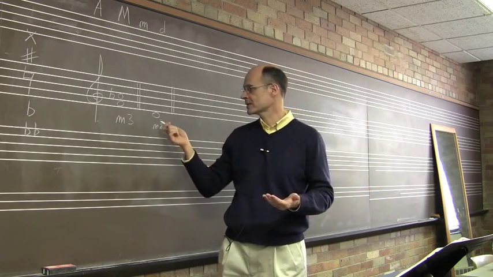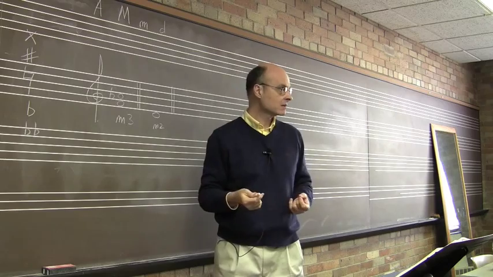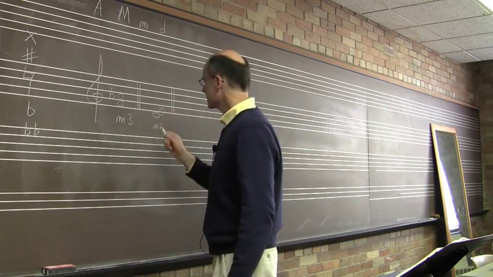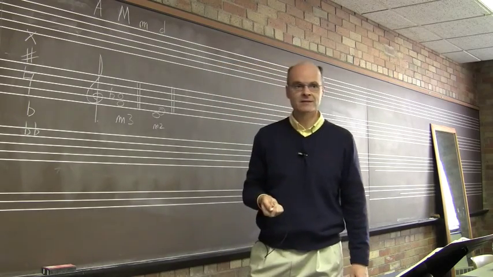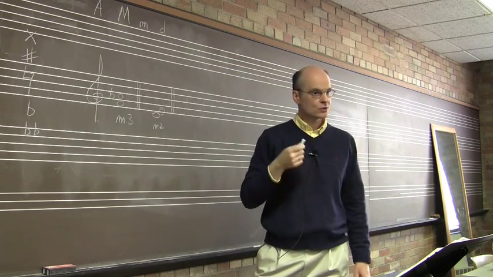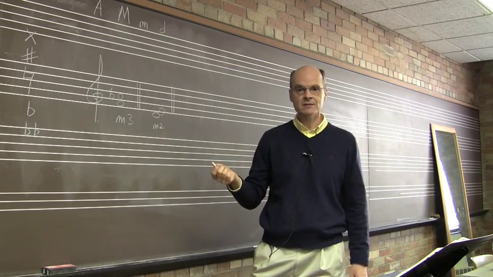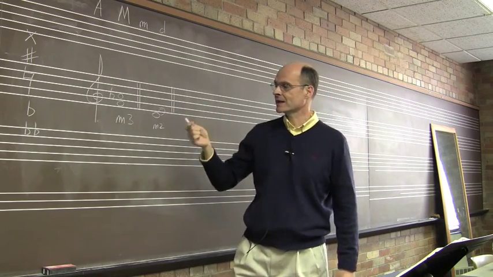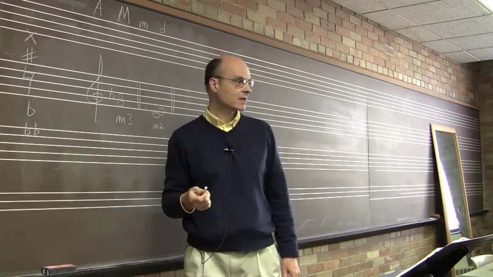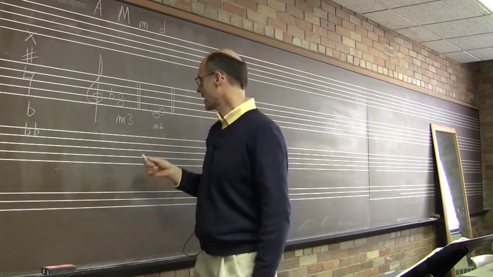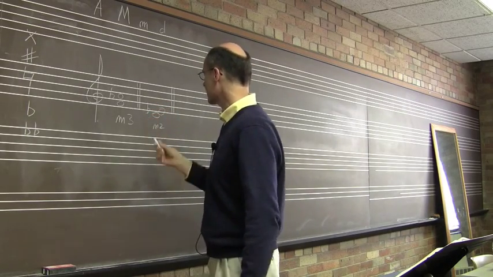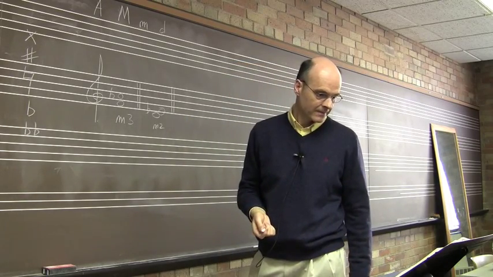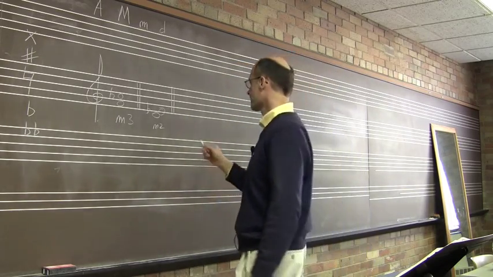So we're going to find the major second first. What's the second above D? E. The key signature of D is 2 sharps. That tells us E is natural. So D to E is natural. I need to make it a half step smaller, so the answer will be E flat. So I'll just put a flat sign right there. The minor second then is D to E flat. Good.